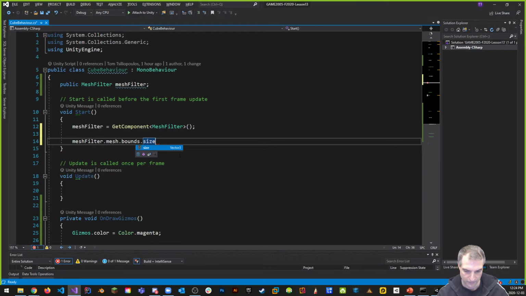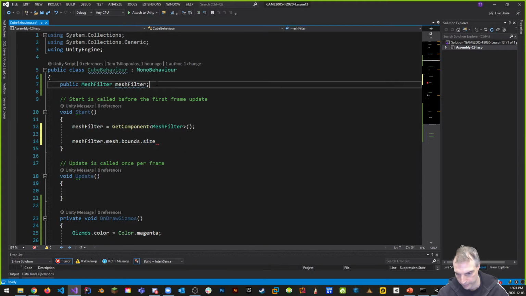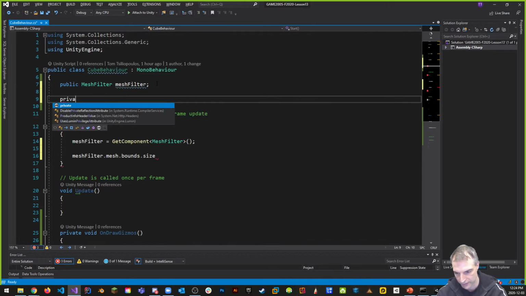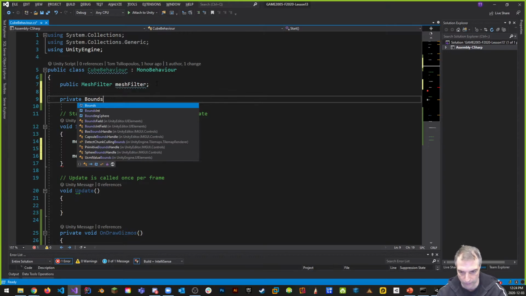Okay, let's do a couple things here, right? For bounds and size. First of all, we don't want to do meshFilter.mesh.bounds every time. This is crazy, right? Instead, what I want to do is think about making another property. This time we'll make it private, we don't care to see it in the editor. We'll make this private property of type Bounds.